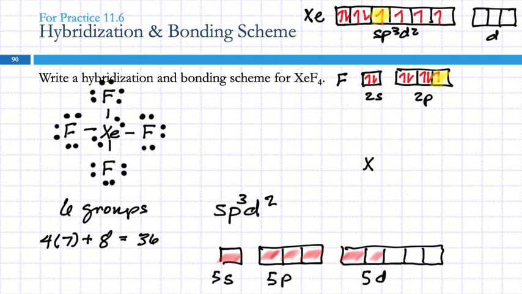So here's xenon. Xenon has these 6 hybrid orbitals, and what shape do 6 balloons take? Octahedral. Yeah. That's what you meant.